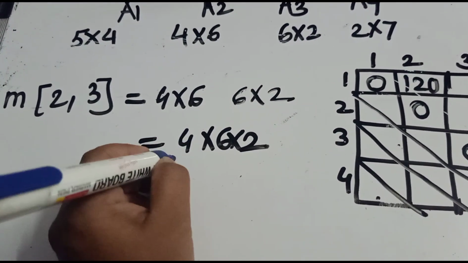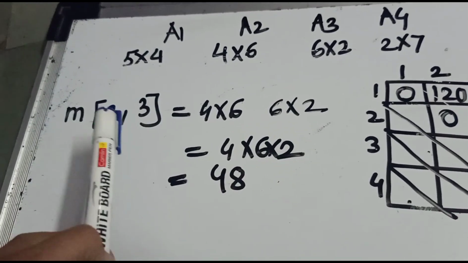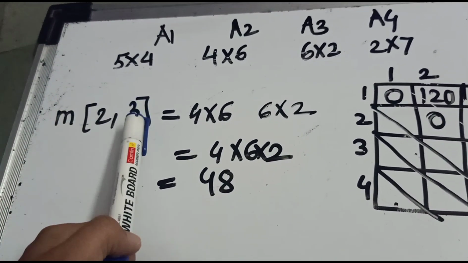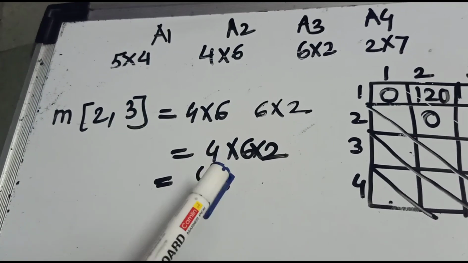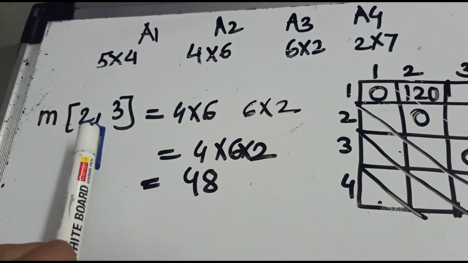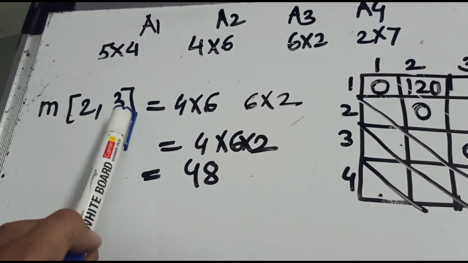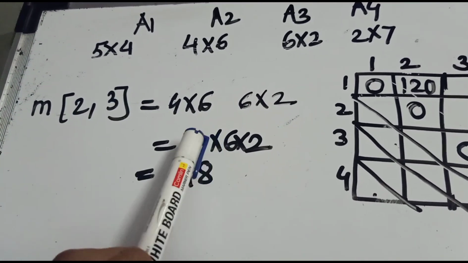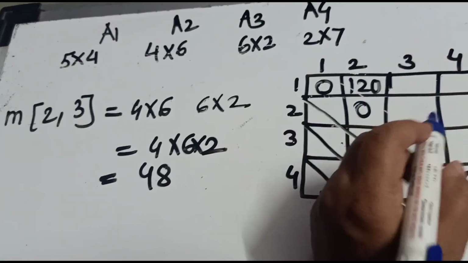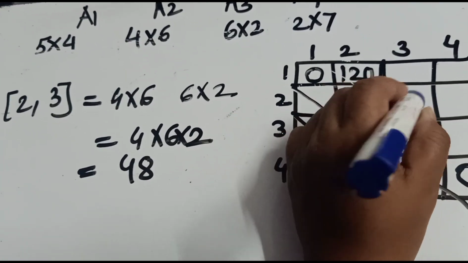So here it is 48. For multiplying matrix A2 with matrix A3, the cost in terms of number of multiplications required is 48, and the resultant matrix will be of size 4 by 2. So I will fill this value 48 in the 2, 3 cell.